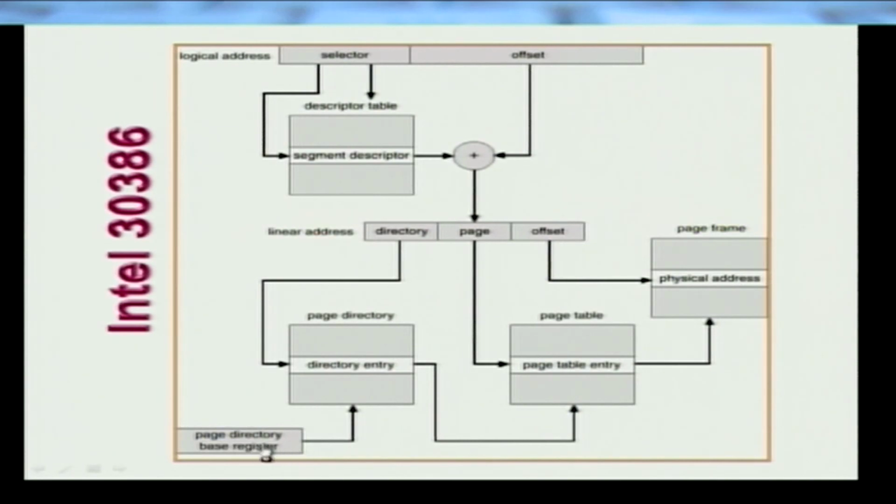This directory base register is called, and the base address is loaded, and therefore the page directory is loaded inside the memory. In the page directory, the corresponding directory entry is identified, and that entry would correspond to the loading of the page table. That is, this entry would contain the base address of the page table.